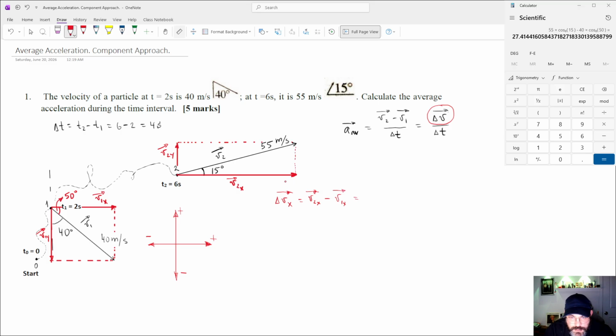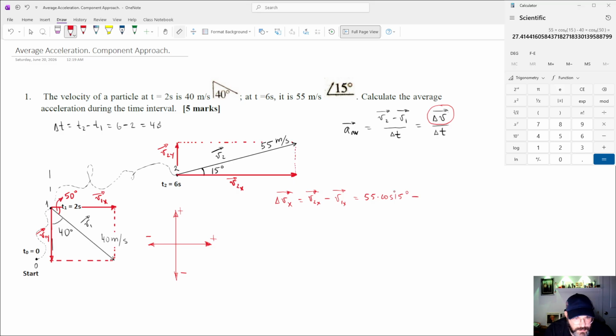Okay, so v2x is pointing to the right, so it goes with plus, and its magnitude is 55 multiplied by cosine of 15 degrees.